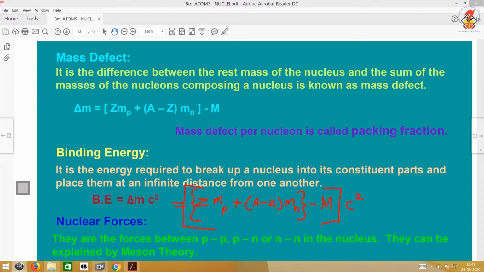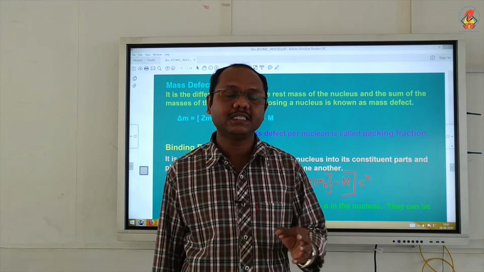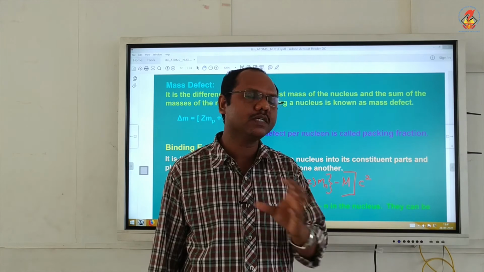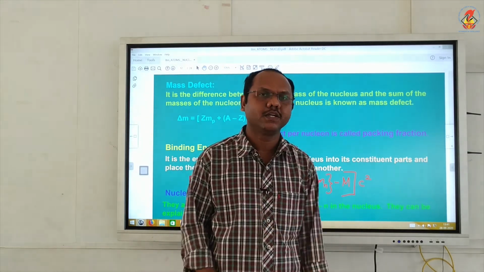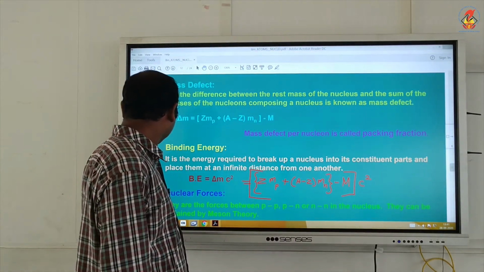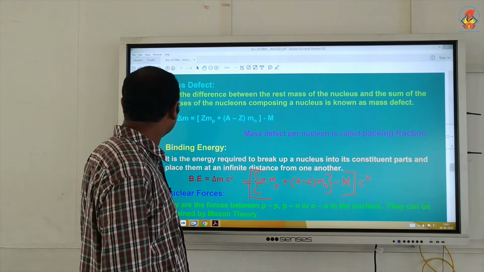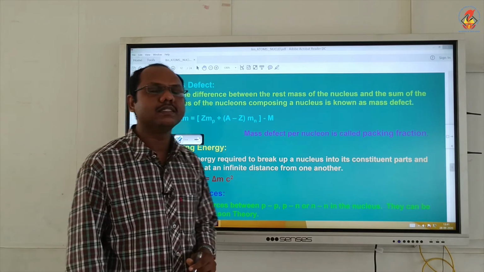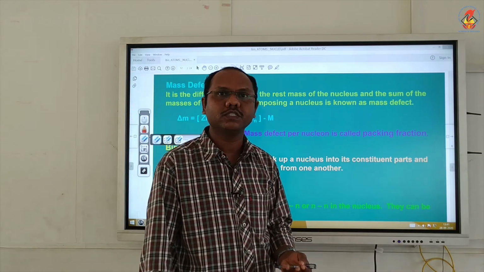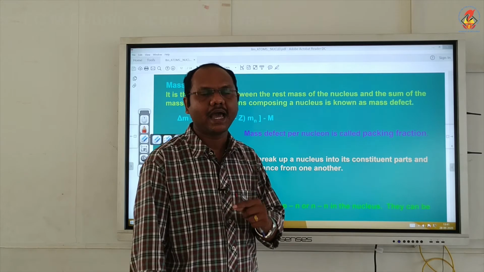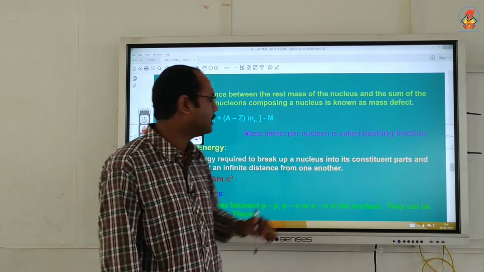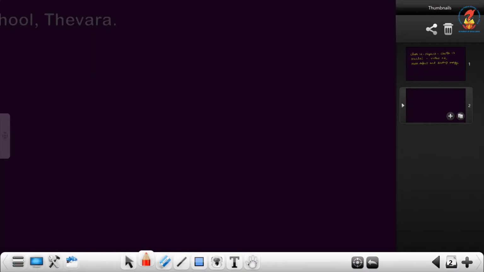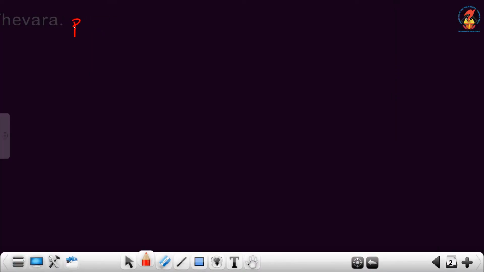We already studied that nuclear force is the strongest of all the forces in nature. It is the force that binds the nucleons within the nucleus, and it is the strongest force in nature. So let us see the properties of the nuclear force. The first one, as I told, is that it is the strongest force in nature.